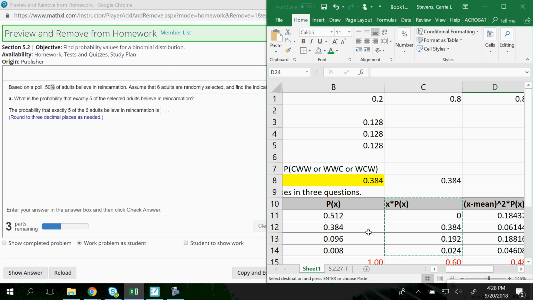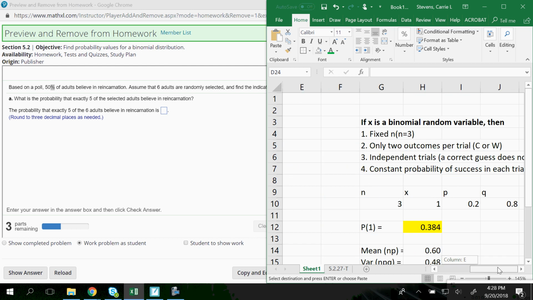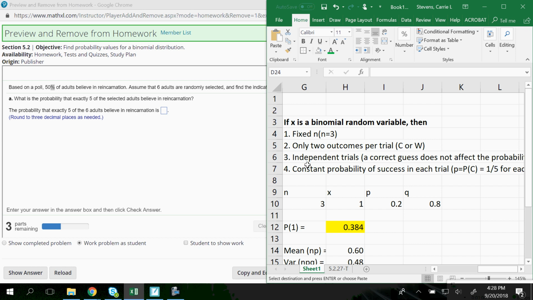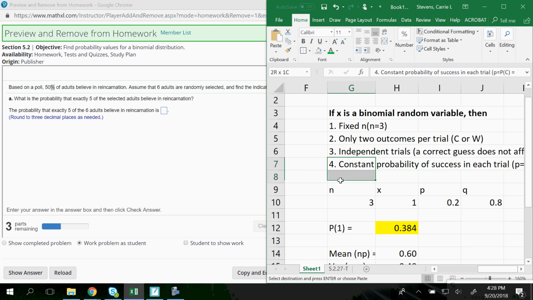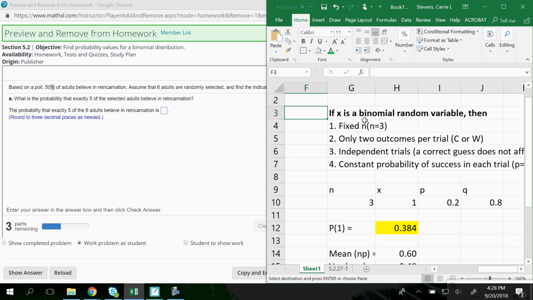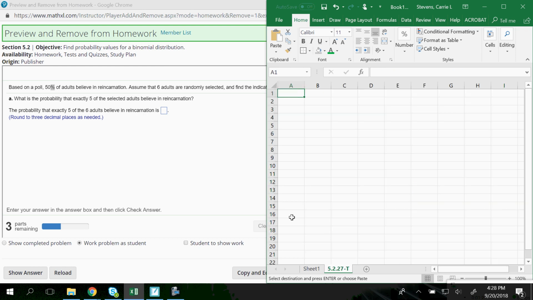This is the spreadsheet for the example I did in the previous video. So let's just focus in on the requirements for a random variable. If x is a binomial random variable, then we'll have a fixed number of trials, we'll have only 2 outcomes per trial, we'll have independent trials, and we'll have constant probability.